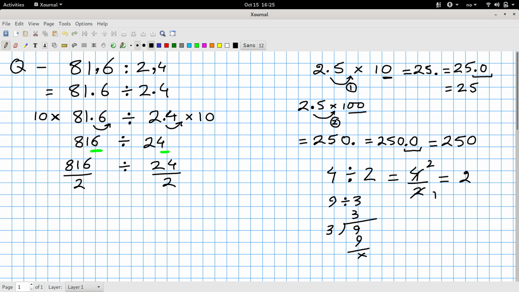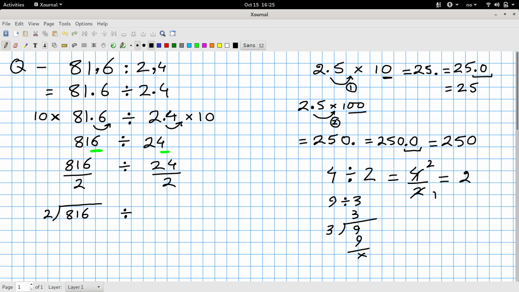And this is the very basic way of dividing numbers. So I'm going to do the same, and this is just to show you the process. So I'm going to divide 816 by 2 here. And I'm just going to keep repeating this division sign until I reach a point where I have to actually solve it.